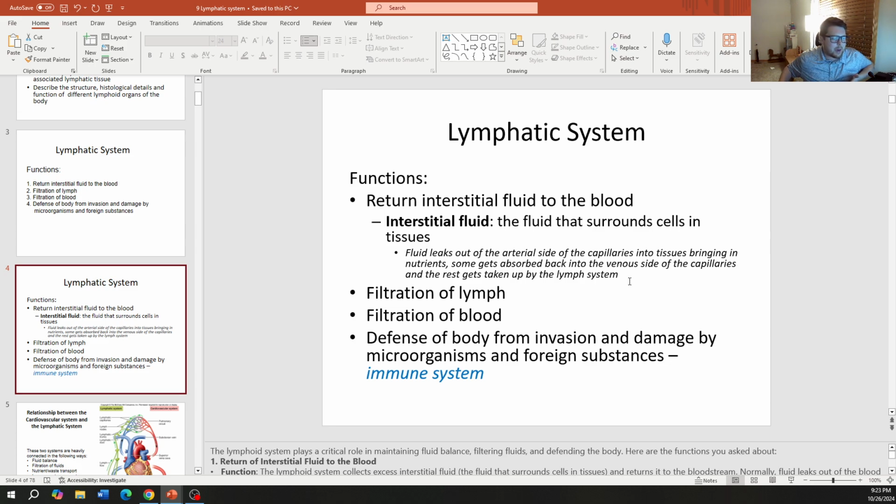The way that happens is through a pressure system going from high pressure to low pressure. And again, that's going to be covered more in depth next trimester, so don't worry too much about all of that now.